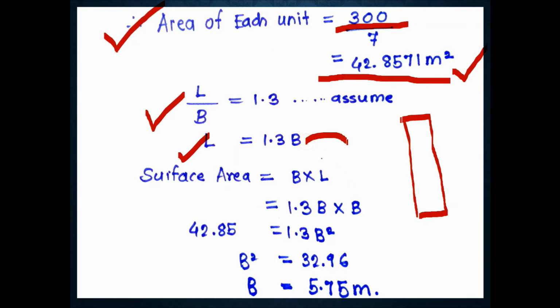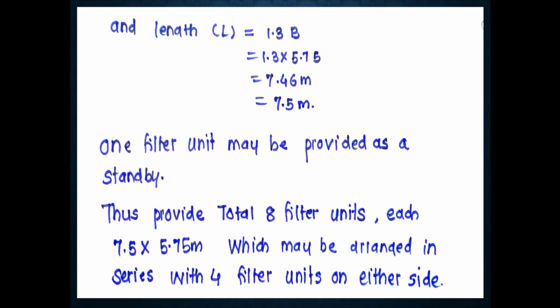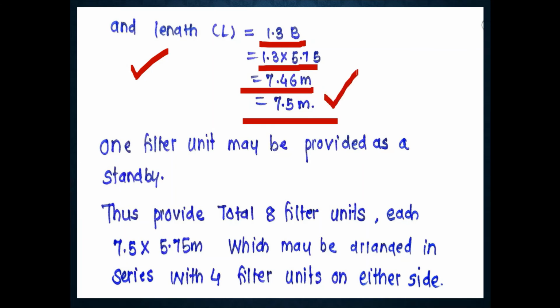This value we will substitute, and 1.3 into b square comes out to be the surface area we just calculated. Taking the square root, we get the width of the filter unit as 5.75 meter. Now by calculating the width, we will calculate the length. Taking the assumption as reference, length is 1.3 times the width, which is 1.3 times 5.75. We get the value 7.46, approximately 7.5 meter.